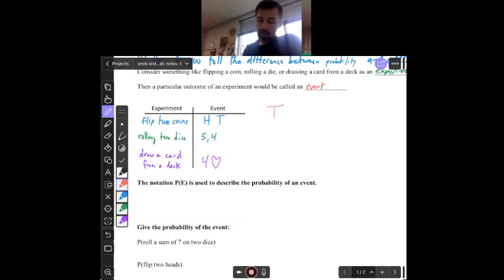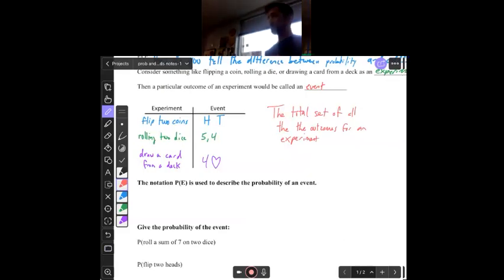The total collection, total set of all the outcomes for an experiment. So the total set of all the outcomes for an experiment is called the sample space.